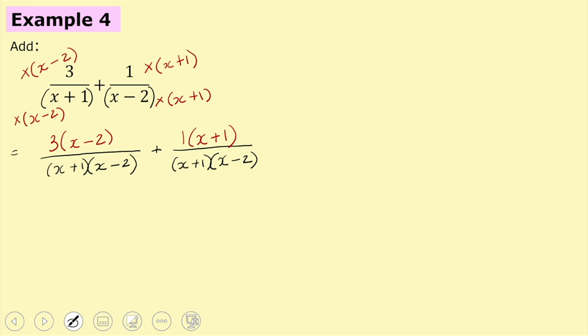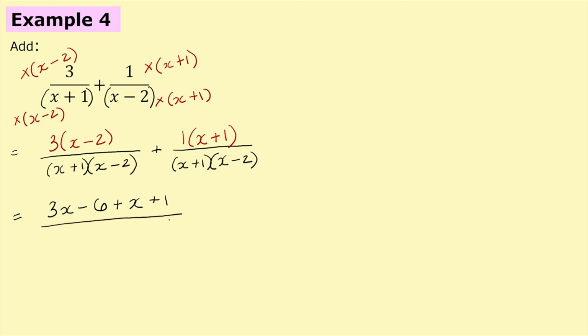So now we can go ahead to adding them together and also expanding brackets in the same line. So 3 times x gives us 3x, 3 times negative 2 gives us negative 6, then we've got a positive 1 times x, just gives us plus x, and then a positive 1 times a positive 1 to give us plus 1, and this is all over those two brackets, x plus 1, x subtract 2.